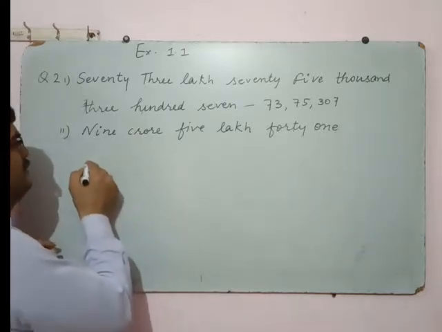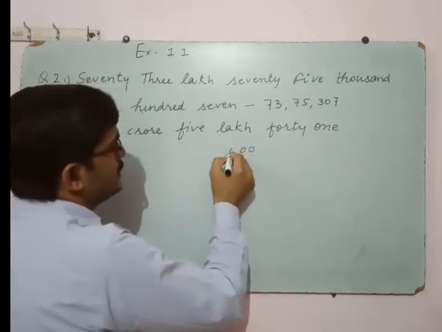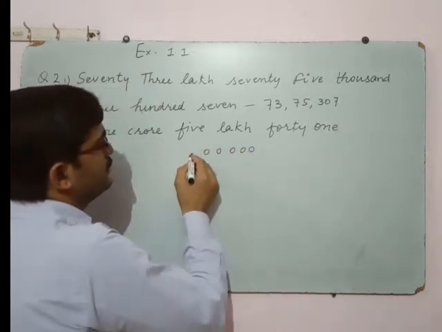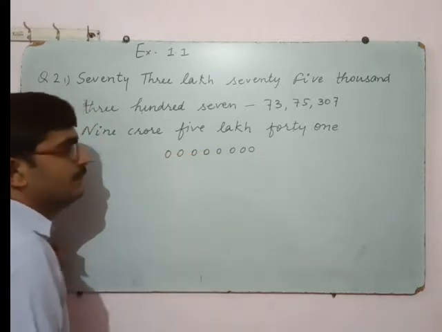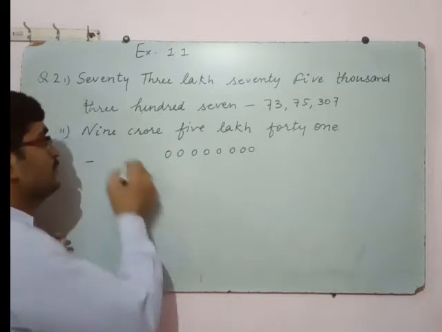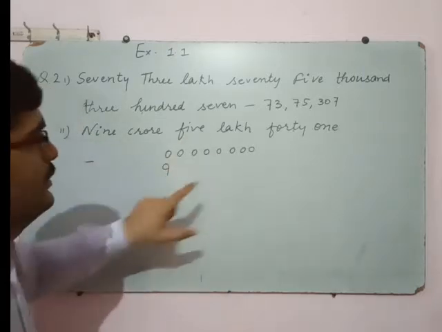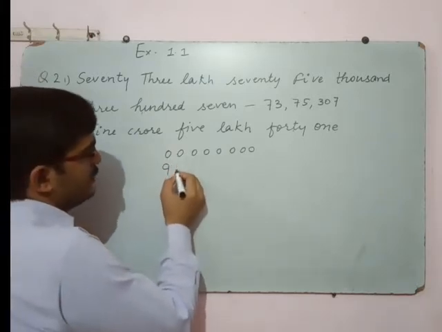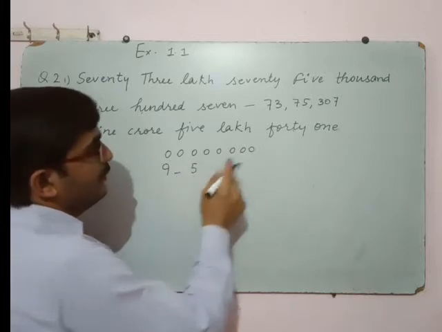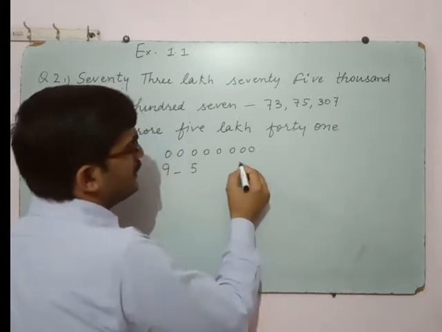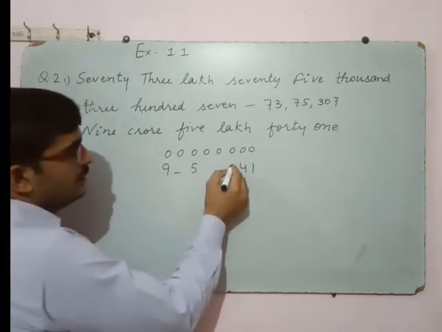First write it in numbers. Ones, tens, hundred, thousand, 10,000, lakh, 10 lakh, crore. So 9 crore, 5 lakh, the 10 lakh place is vacant. Means 5 lakh. 41 only on the tens place and ones place. The remaining places will be 0.